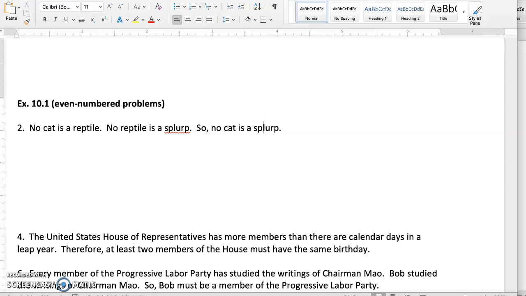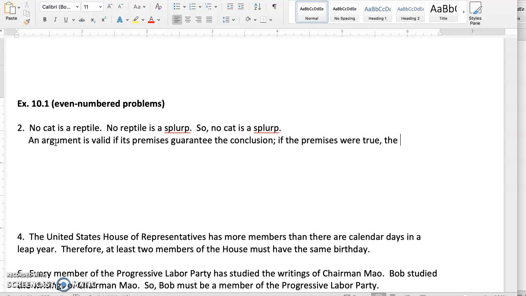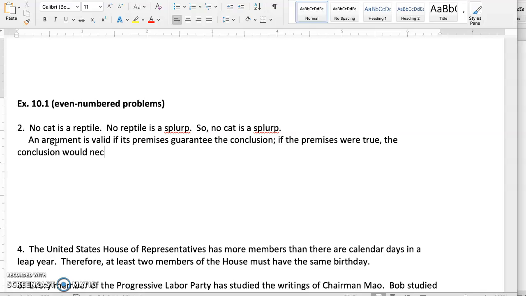But remember the definition of valid, right? An argument is valid if its premises guarantee the conclusion. If the premises were true, the conclusion would necessarily follow.